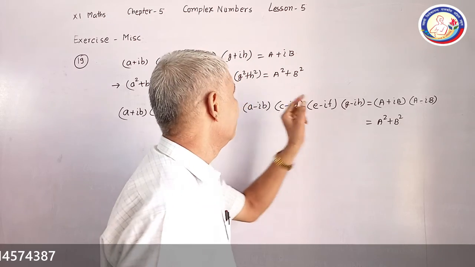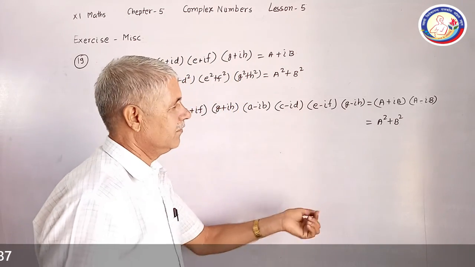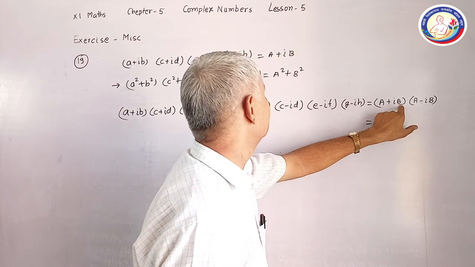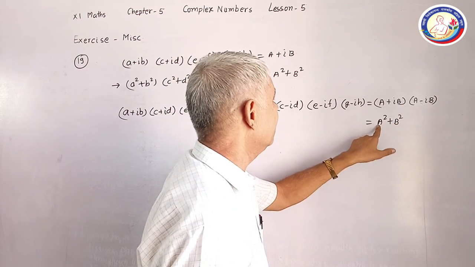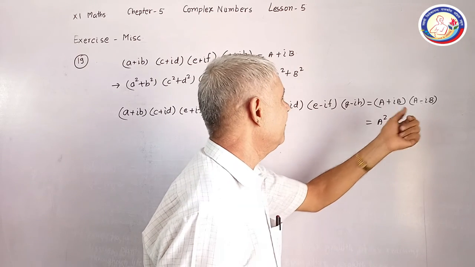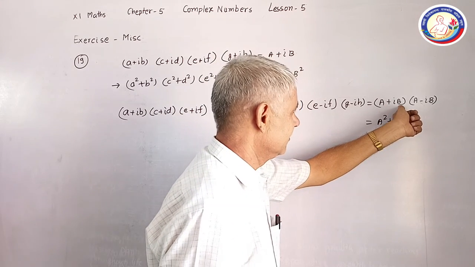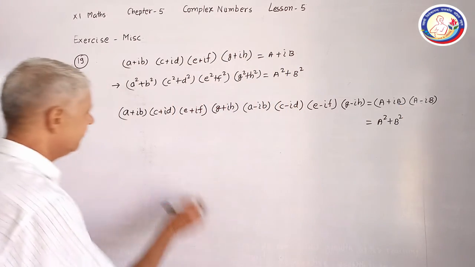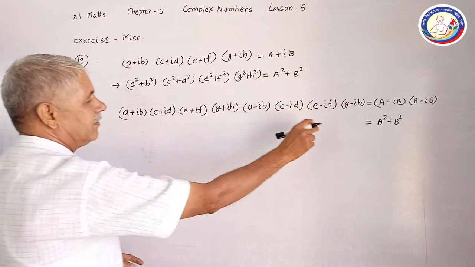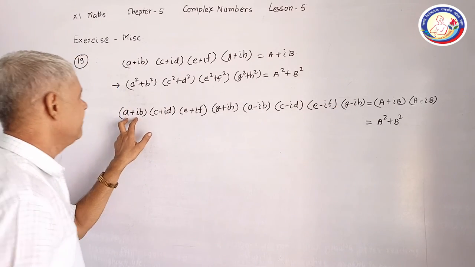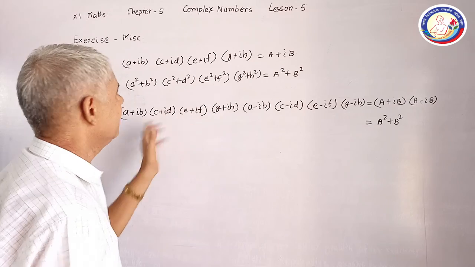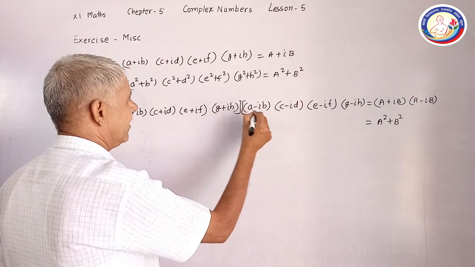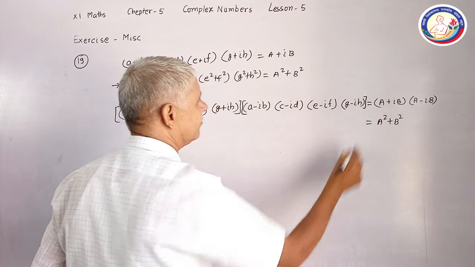Keeping it in mind, we have performed this operation. We have multiplied by conjugate because A plus iota B is given, and if we want to find A square plus B square, then what will we do? We will multiply this complex number by its conjugate, and hence we have performed the same procedure here. The multiplication of these four, we have multiplied with their respective conjugates.